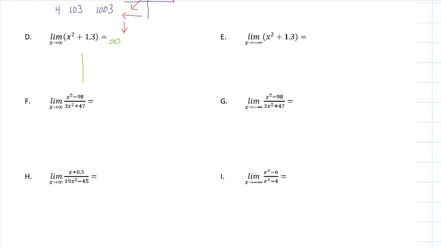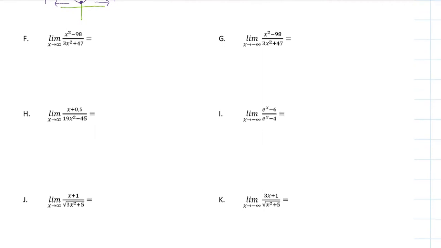The other way to look at it, because it's a parabola, it's got a y-intercept at 1.3, and you can see that on the right side, as x goes to infinity, y goes to infinity. On the negative side, as x goes to negative infinity, y goes to infinity as well. And these functions should be familiar.